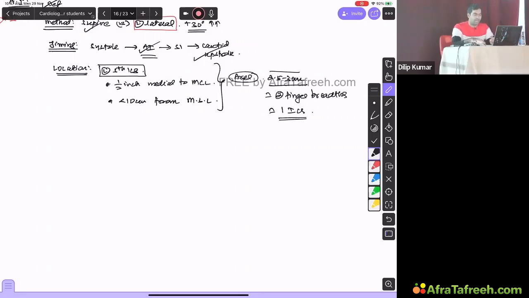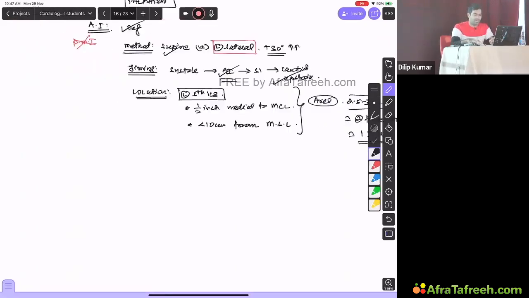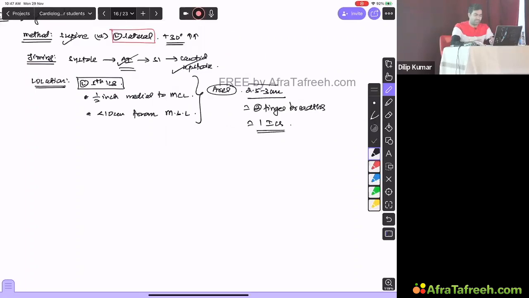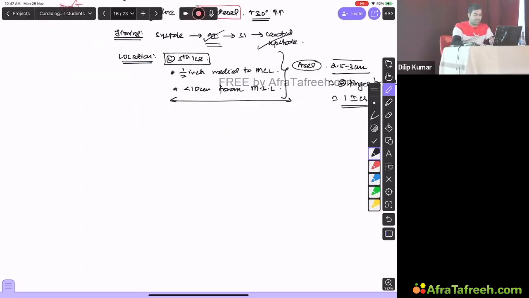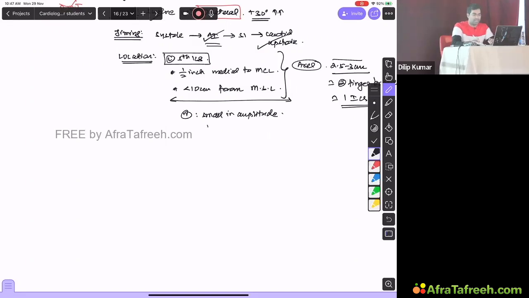What will be the normal apical impulse amplitude? Normal apical impulse will be small in amplitude, and of brief duration, technically less than 50% of the systole.